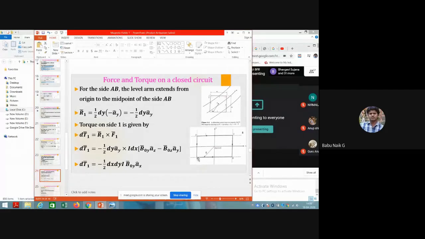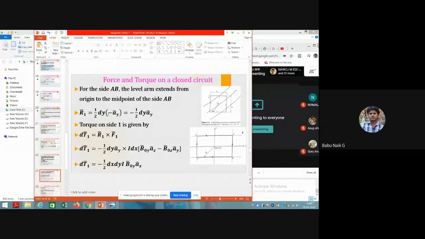The distance is the R vector from the origin to the midpoint of AB, which is the R1 vector, and this total is dy. So now your R vector is on the y-axis, and we are considering half, so it will be half dy.